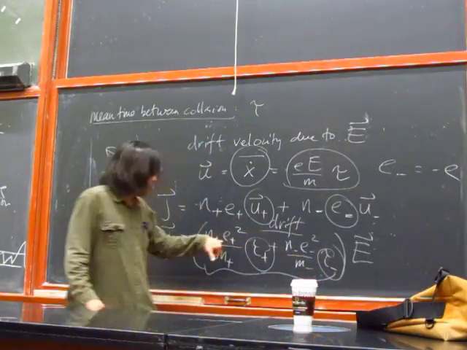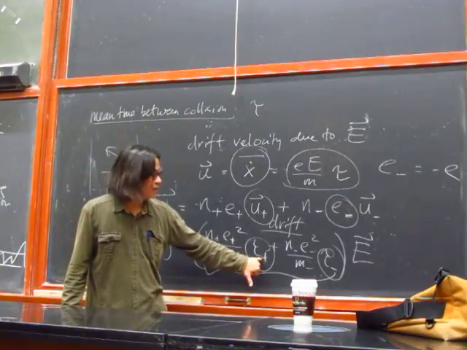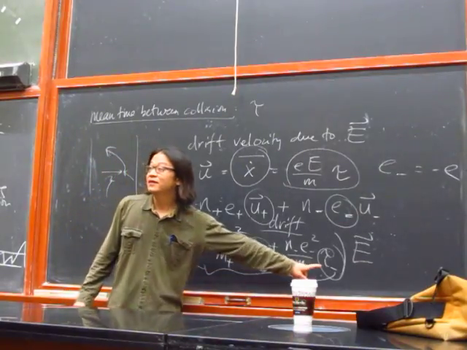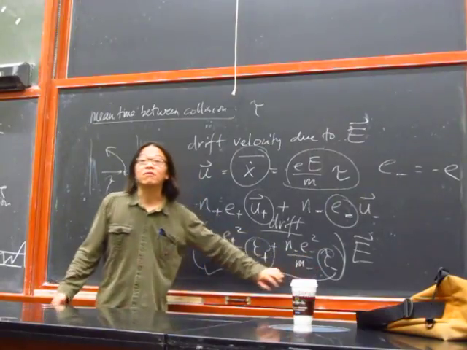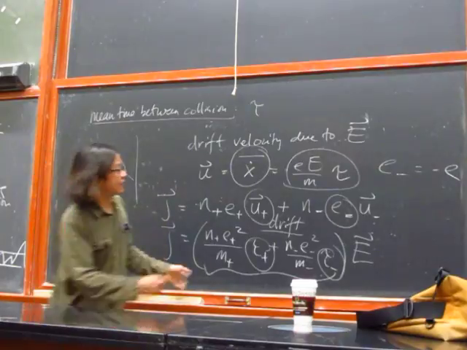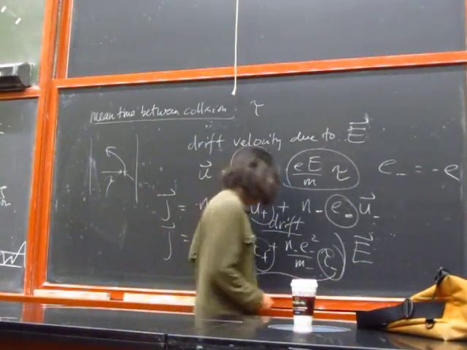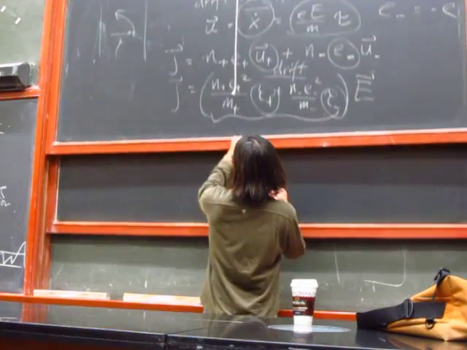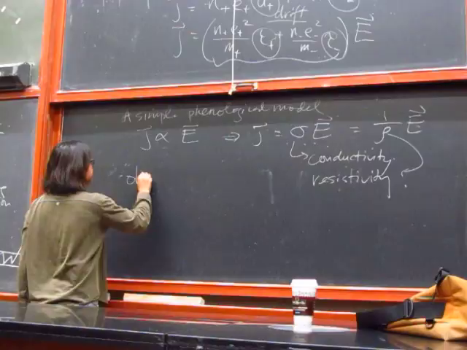To know the density is easy, the charge is easy, the mass is not that hard, but the hardest part is to calculate the mean time between collisions, or to actually measure it, or to calculate it from a theory. But the most important lesson is that the whole thing is linear in electric field. This is called an ohmic material.